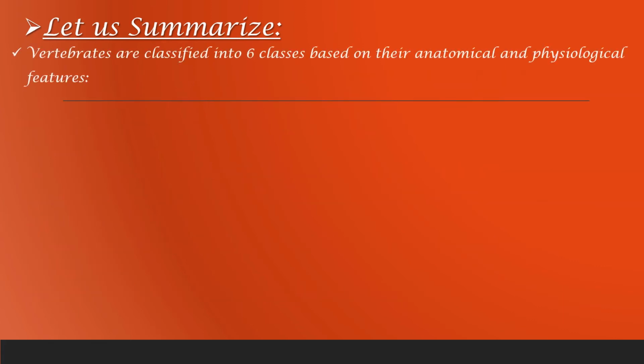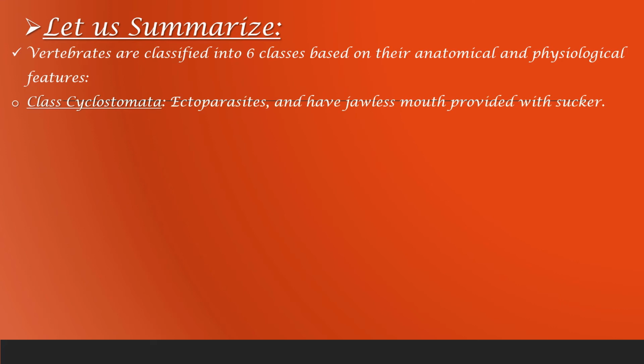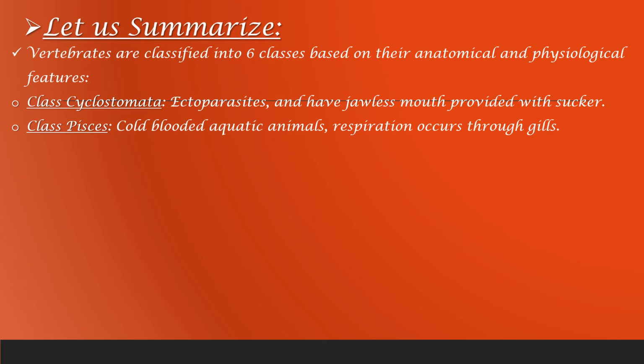So the first class which we studied in subphylum Vertebrata was class Cyclostomata. Animals belonging to class Cyclostomata are ectoparasites and have a jawless mouth provided with a sucker. Then we studied class Pisces. Animals belonging to class Pisces are cold-blooded aquatic animals.